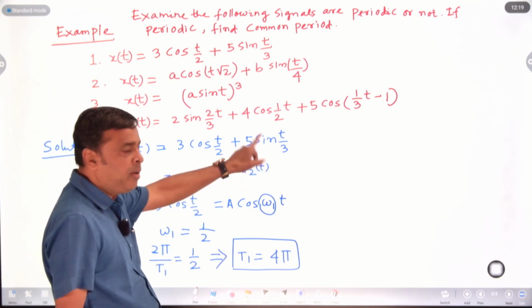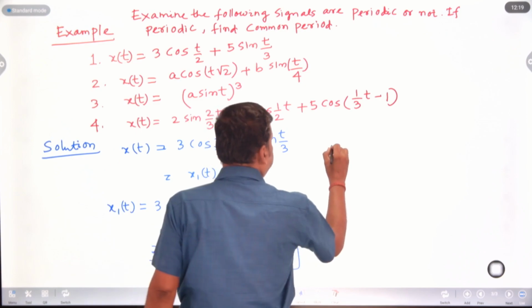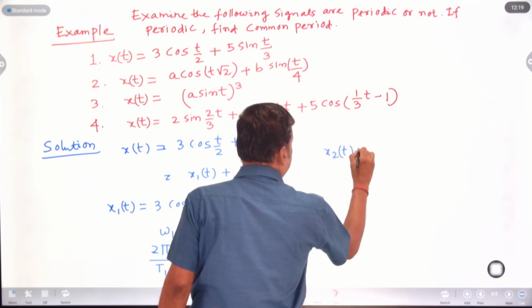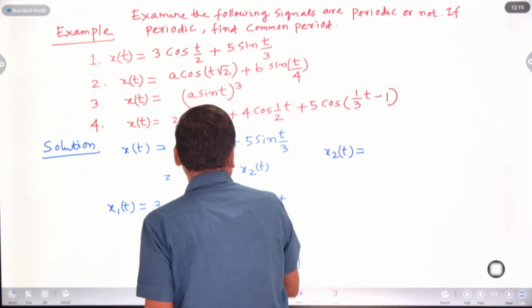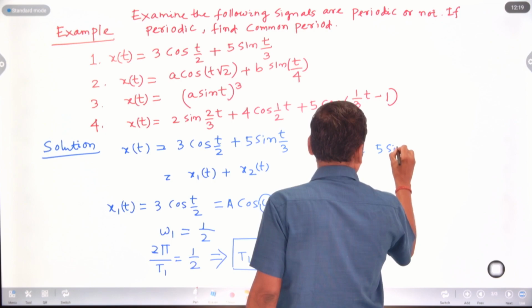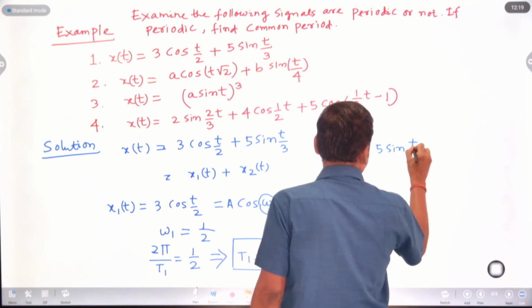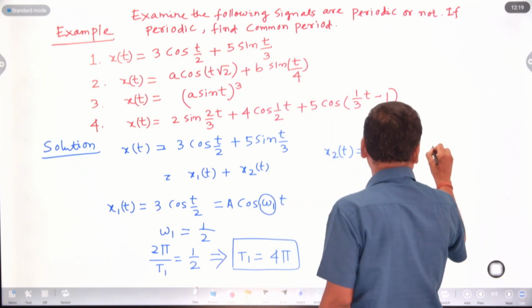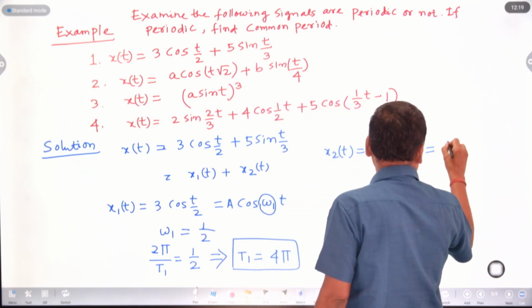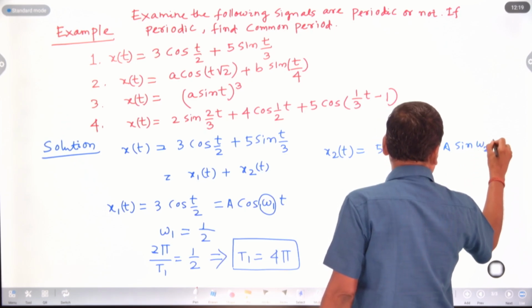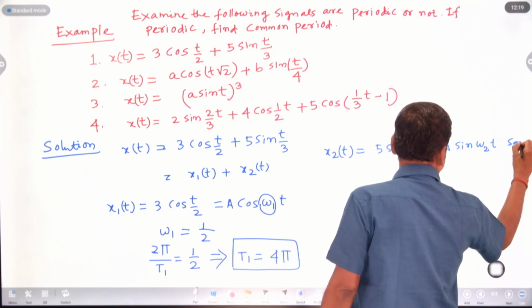Similarly, the second one, that is your x2 of t. x2 of t is how much? x2 of t equal to 5 sin t by 3. So we can say this is nothing but A sin omega 2 t.